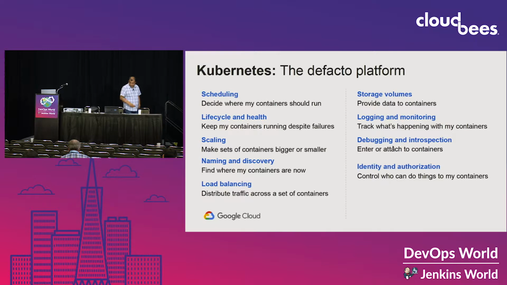Kubernetes provides a lot of these features, some of them listed here: scheduling, lifecycle, scaling, etc. What Kubernetes basically has is a declarative way where you tell Kubernetes the desired state of your system, and Kubernetes works to bring your system close to the desired state. Now, Kubernetes comes from a Google internal product called Borg.